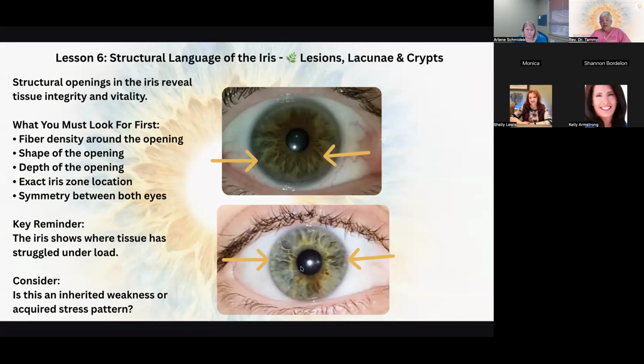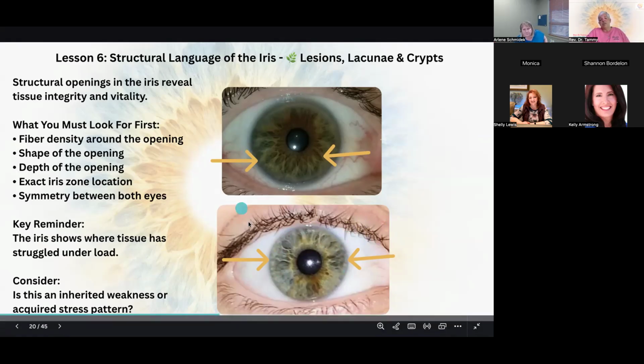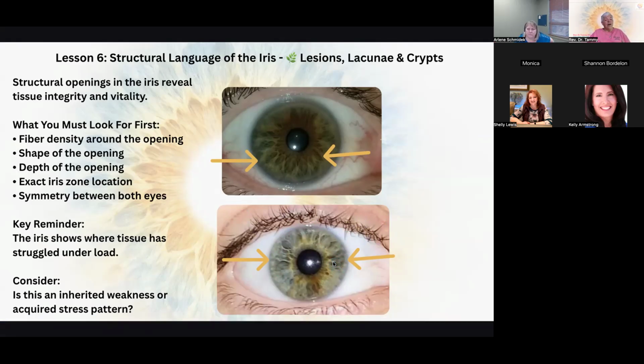Now, if this is an inherited eye, it could be from mom, dad, grandma, from the past. So now we're talking more about miasms, and that's something that you're going to learn too as we go along. Is this a miasm? Can this eye heal? Can this body heal? Everybody can heal. No matter if it's inherited, it's going to look a lot different once you start getting health in place.